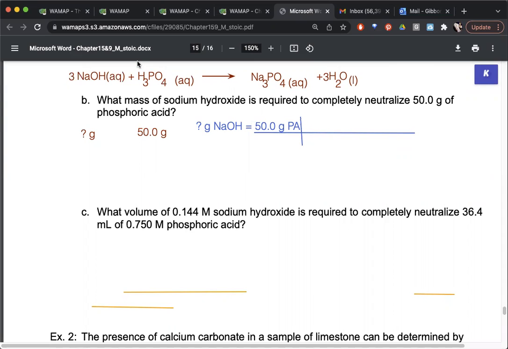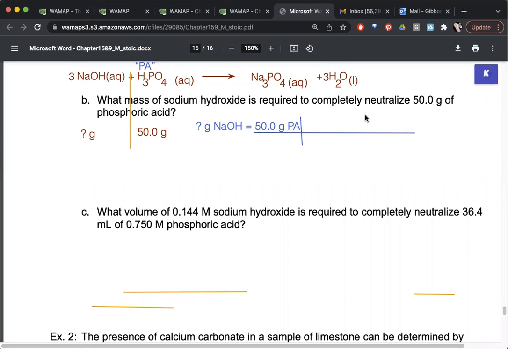And I'm going to also label this PA here.